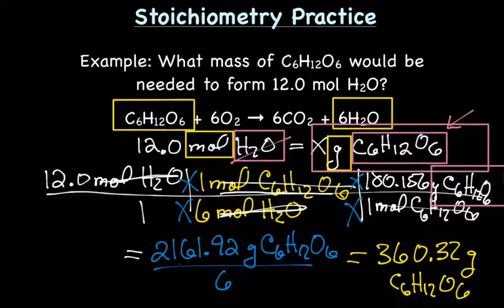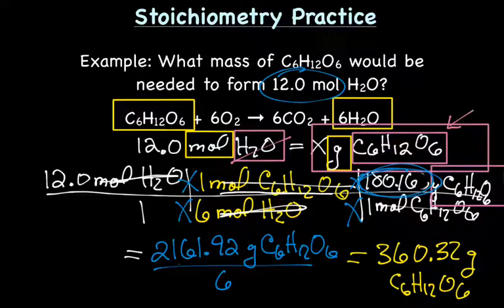Hopefully you guys will be able to see this. We have to check our given, right? We do not worry about the mole ratios, but our molar mass was also calculated. Our 180 point, not really sure why we're at 156 there. That should have been, sorry about that, 116.